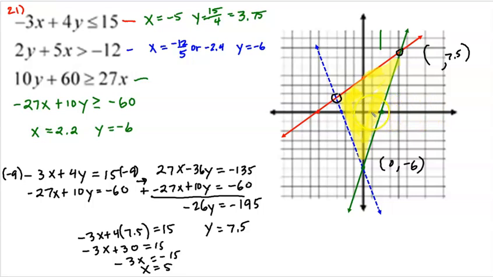See if that looks reasonable. 1, 2, 3, 4. 2, 3, 4. Looks like my lines are way off. So the actual intersection of that point should be the point 5 and 7.5.